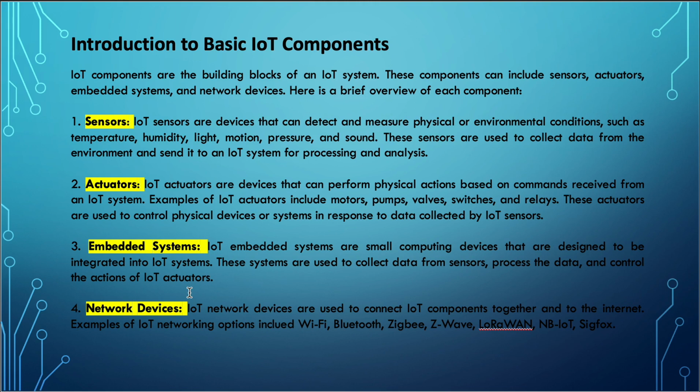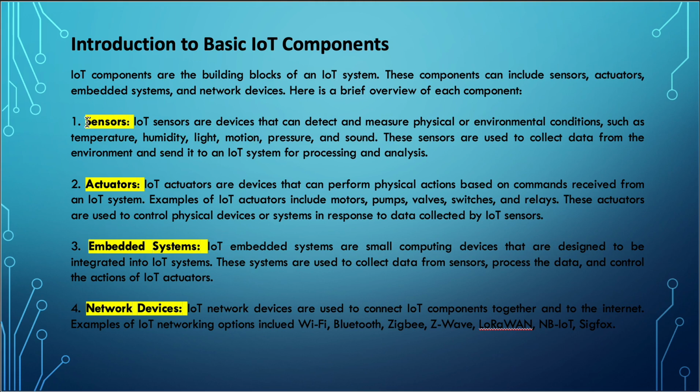IoT embedded systems are small computing devices that are designed to be integrated into IoT systems. These systems are used to collect data from sensors, process the data, and control the actions of the actuators. So this is the processing unit.